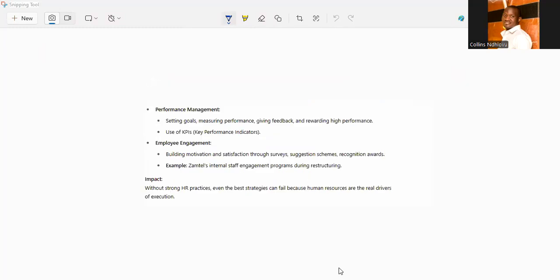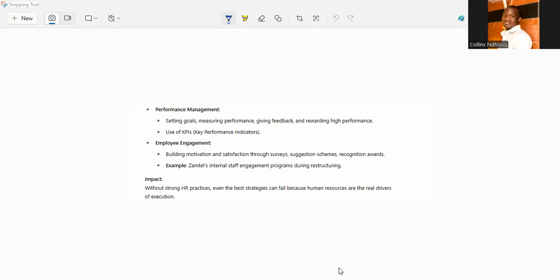So performance management is about aligning individuals and teams with the organization's objectives. It involves goal setting. It involves performance measurement using KPIs. It involves feedback and coaching, and also involves rewards and recognition. So a strong performance management system will ensure that there's high employee productivity.